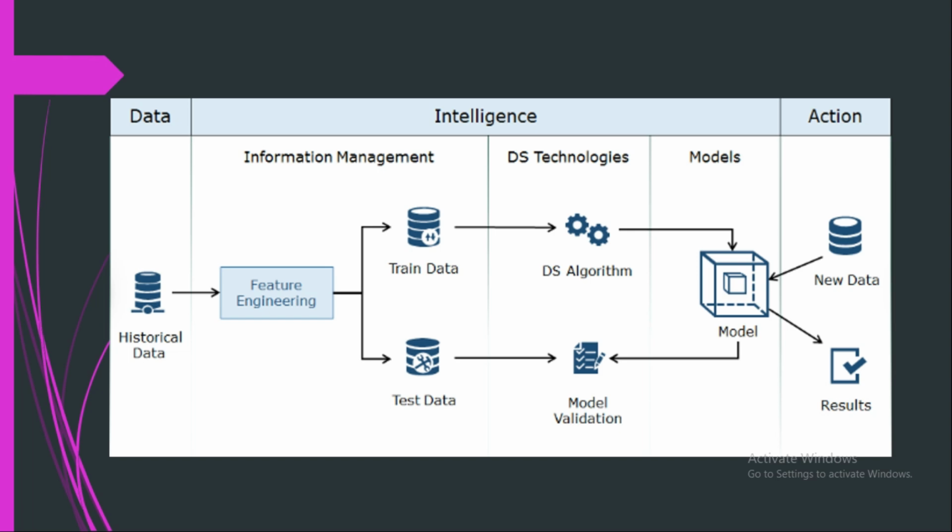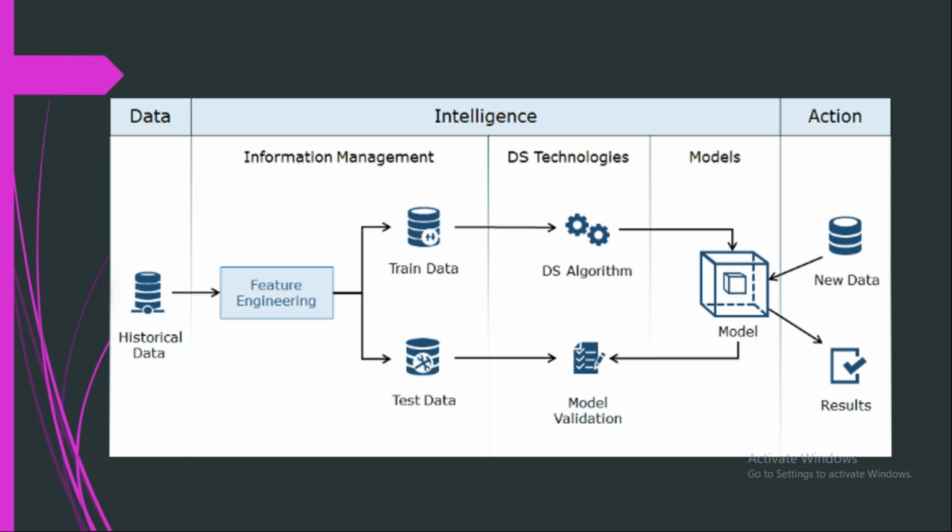So what is feature engineering? Feature engineering is where you select the proper columns and rows, and deal with missing values and null values. Then you look at correlation factors, outliers, etc. So you clean the data in feature engineering and select the important features of the data that will help in the prediction.